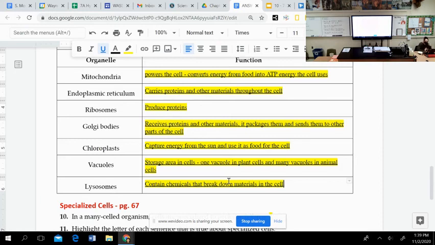This can be like pieces of food in the cell that need to be broken down into smaller pieces. It could be like dead or decomposing pieces of the cell that need broken down and then secreted as waste. They just kind of break that down and are like the cleanup crew.